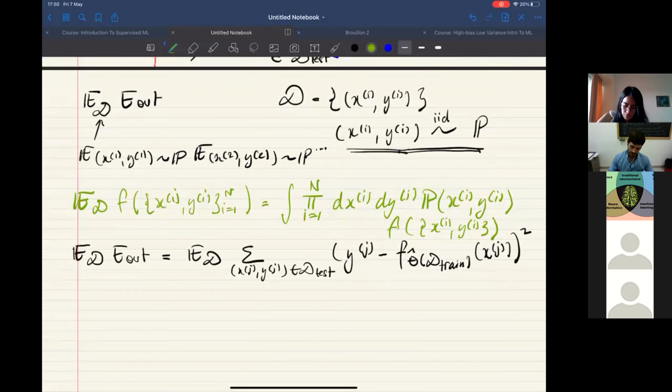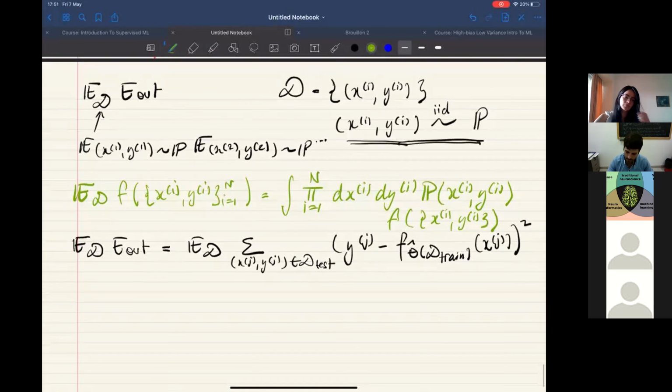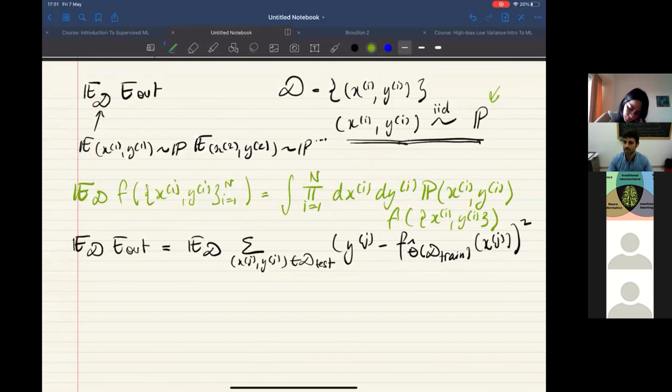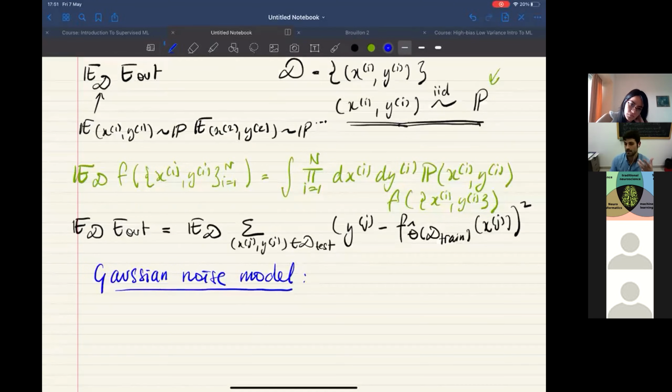So in order to do computations, I will need to assume something about this distribution, but something very weak, you will see. What I will assume is a certain model for the noise. That's all. What do I mean by that? I will assume a Gaussian noise model, which, like I told you, is a very generic model, because Gaussian noise is a kind of universal type of noise.